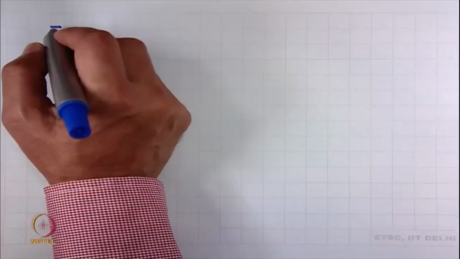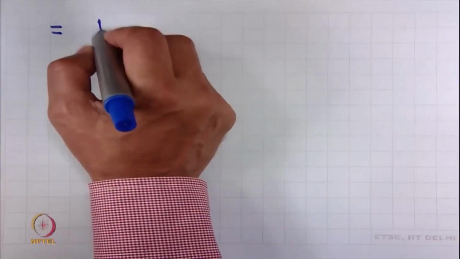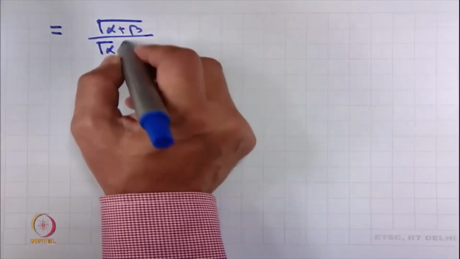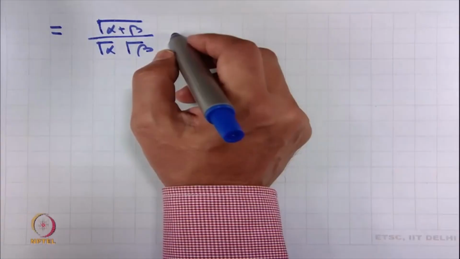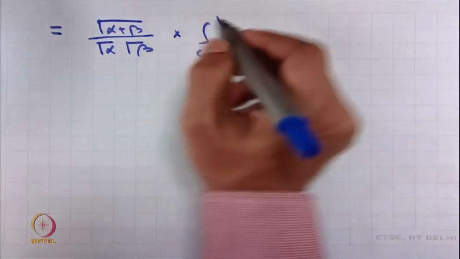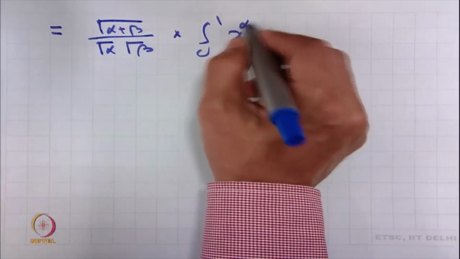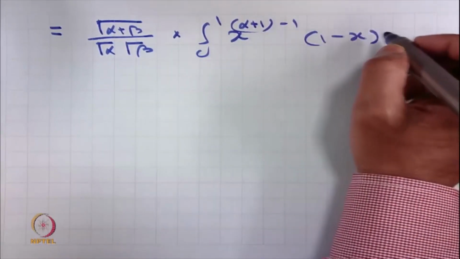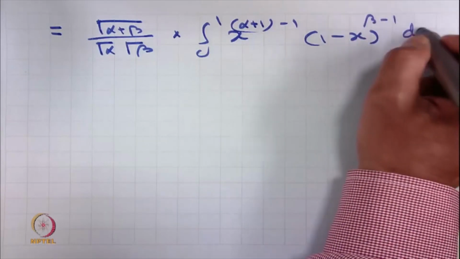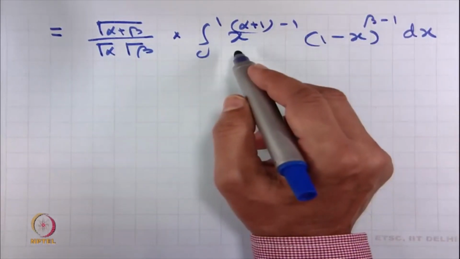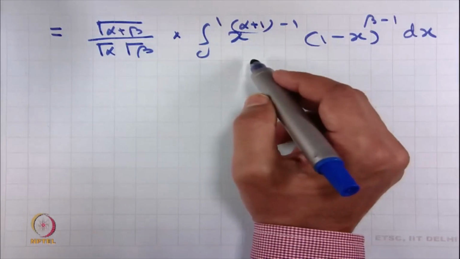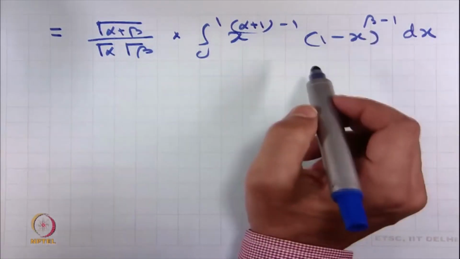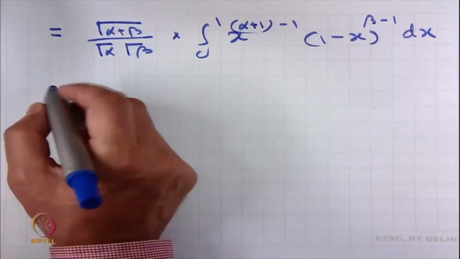This is equal to gamma alpha plus beta upon gamma alpha gamma beta into the integral from 0 to 1 of x to the power alpha plus 1 minus 1 times (1 minus x) to the power beta minus 1 dx. And this integral gives us a beta function with alpha plus 1 and beta as its parameters.